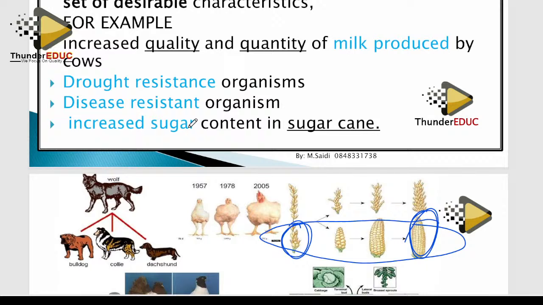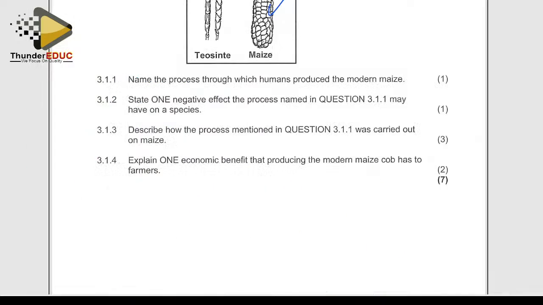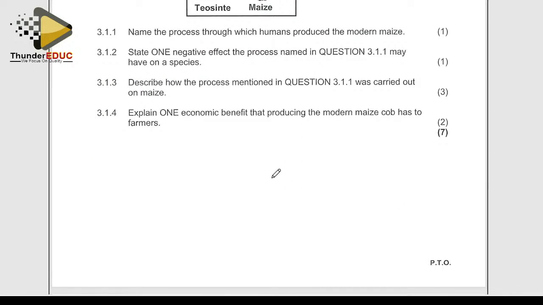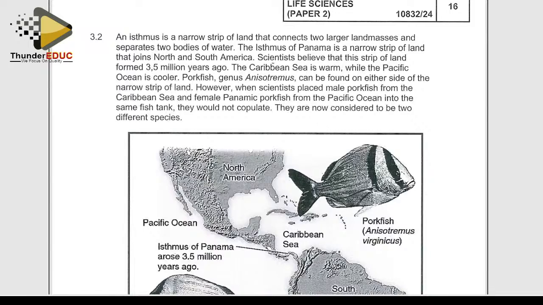If it resists diseases, then the farmer will not use more pesticide and insecticide. So with more on the cob, the farmer will be able to sell and get a lot of profits. Any one of these that you can explain, you were supposed to get a mark in that regard.